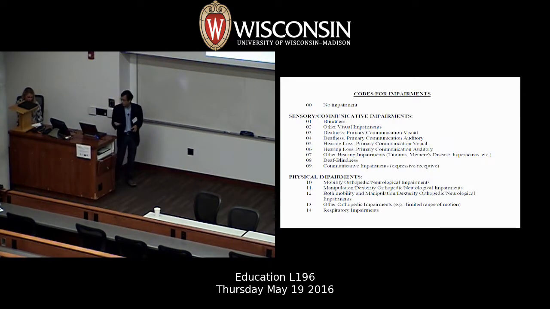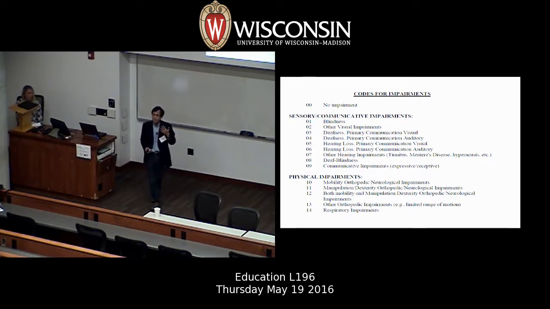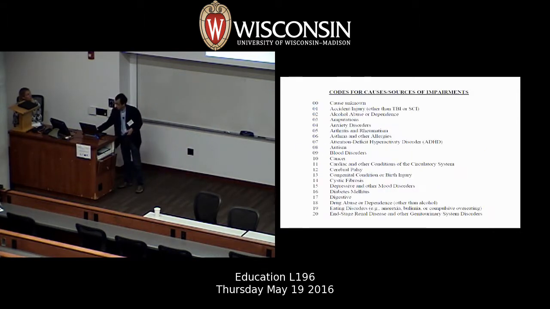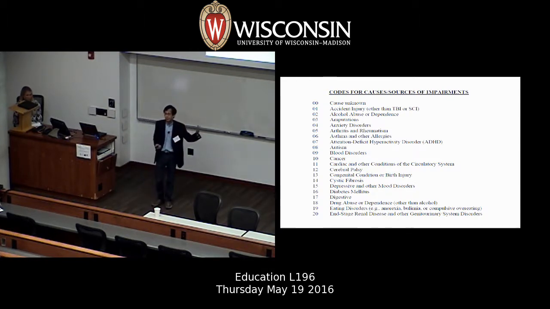Of course, they also have codes for your major disability categories, which can be sensory, physical, and cognitive disabilities. They also have specific causes of disability, so you can extract people with, say, spinal cord injury, learning disability, ASD, et cetera.